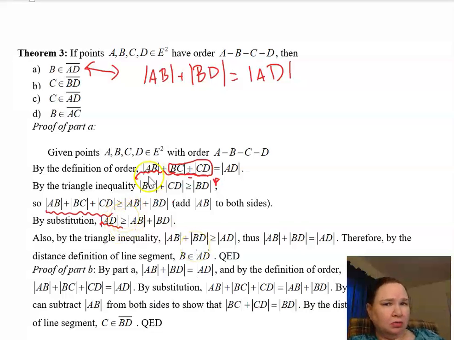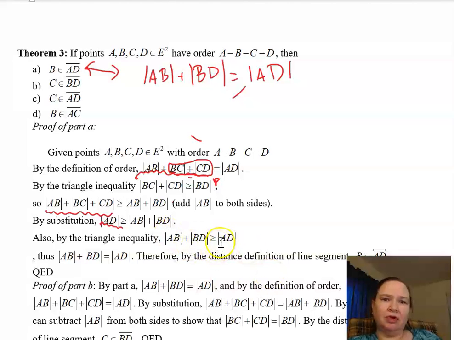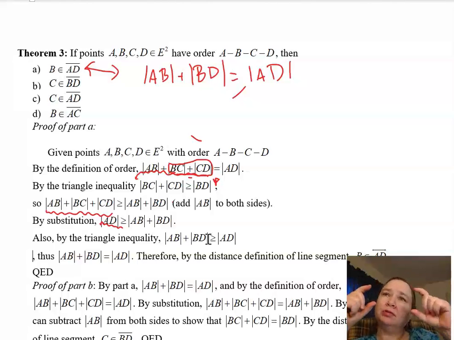But also, if I just forget that A, B, and D might have something to do with a line, and I just use the triangle inequality that says if I go from A to B and then from B to D, I can't possibly get there any faster than if I go straight from A to D. So right now I have the distance from A to B plus the distance from B to D both less than or equal to and greater than or equal to the distance from A to D. Now if you've got two numbers, x and y, and you know that x is less than or equal to y and y is less than or equal to x, the only way that can happen is if those two numbers are equal.